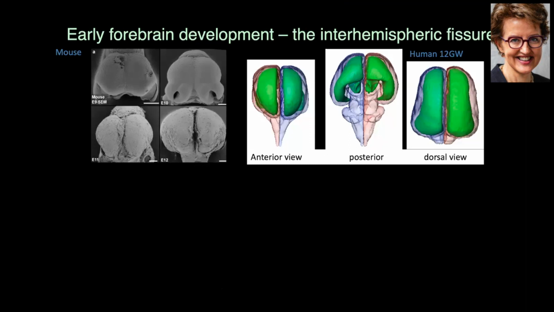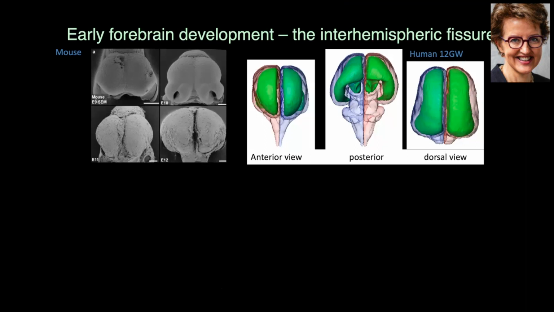This is a mouse brain here on the left and a human brain on the right at gestational week 12. And you can see this big cleft that forms, and essentially from a single prosencephalic hemisphere, two hemispheres arise through the invagination of the prosencephalon.